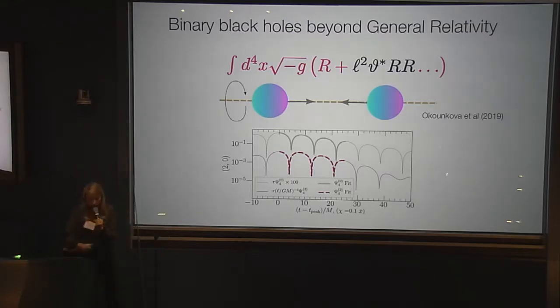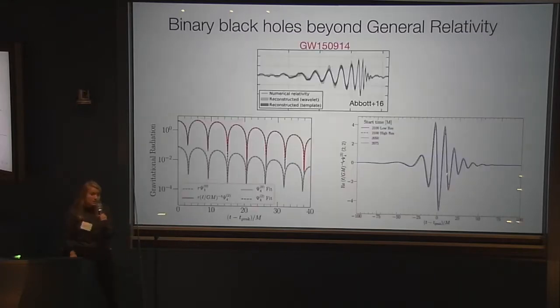And what I'm thinking about right now is in-spiraling systems. So specifically, something like GW150914, which is the first LIGO detection. And thinking about, okay, well, if we think about what this system looks like beyond general relativity, and we ask ourselves, okay, how are the in-spiral, merger, and ring down modified?